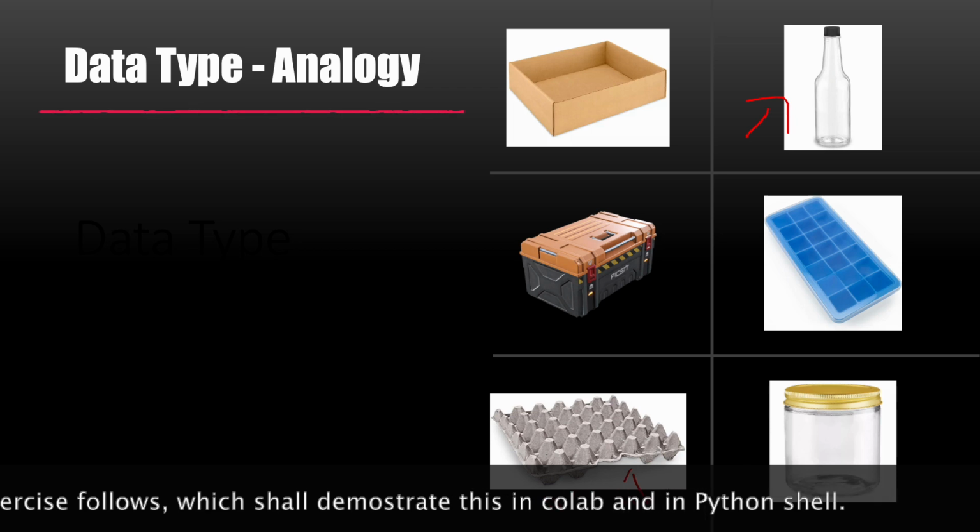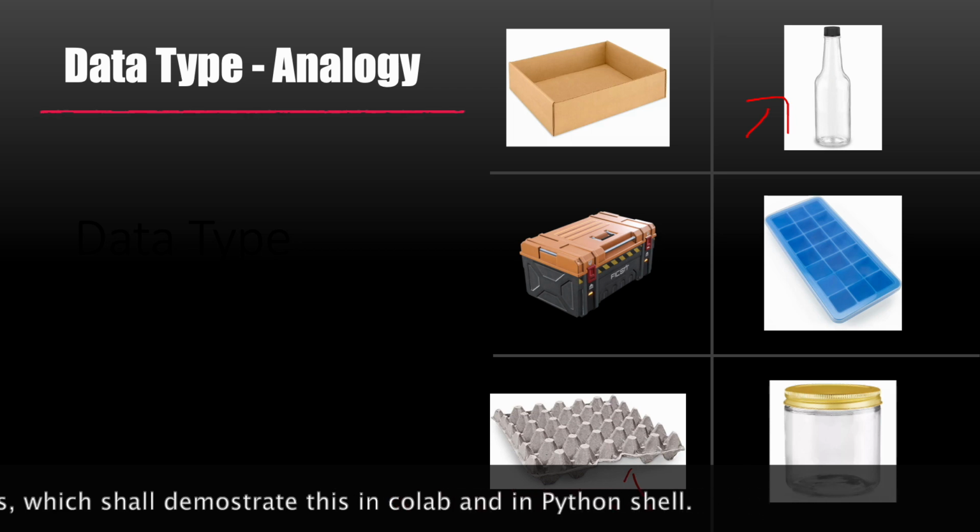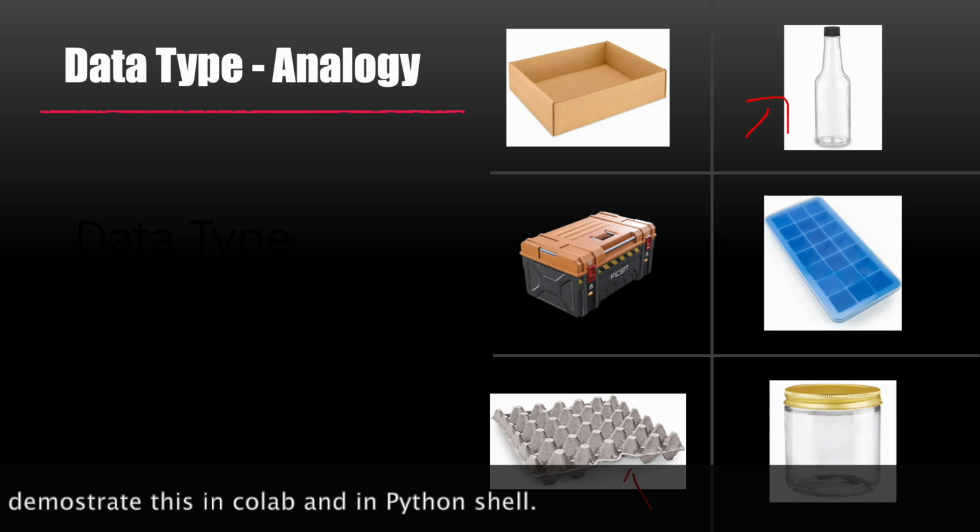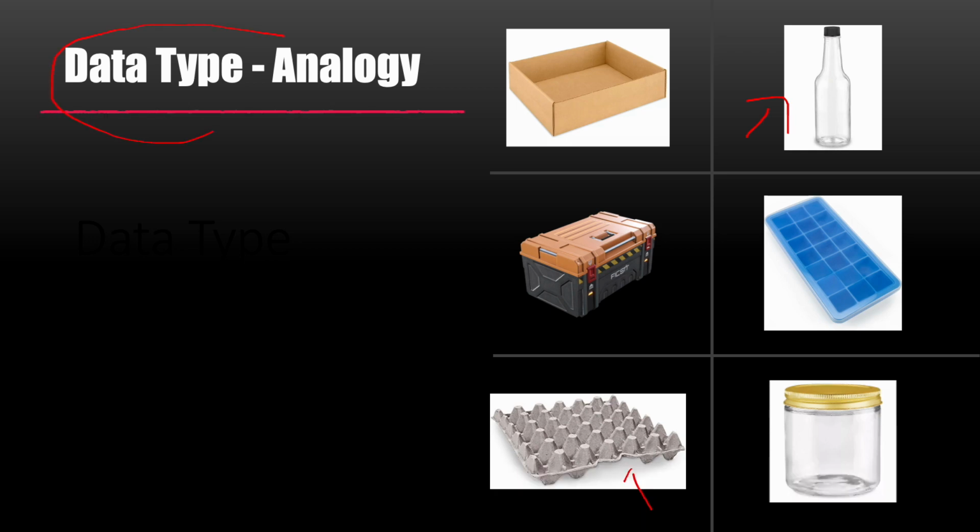All these containers are meant for keeping different kinds of stuff. Similar to that, we may have different kinds of data, so the data container should also be different, and that's what a data type is. It defines what kind of data is there inside.